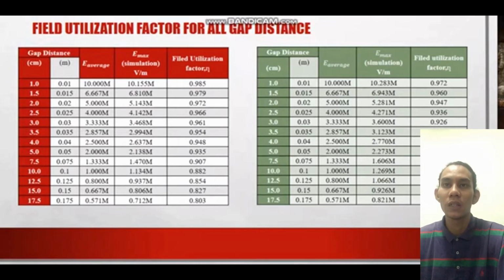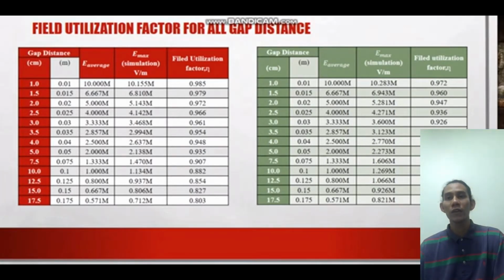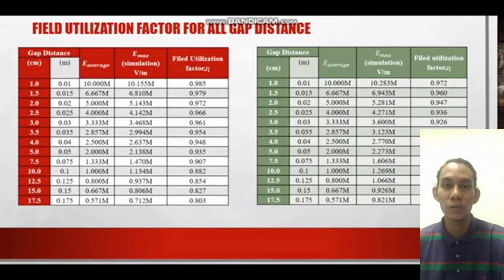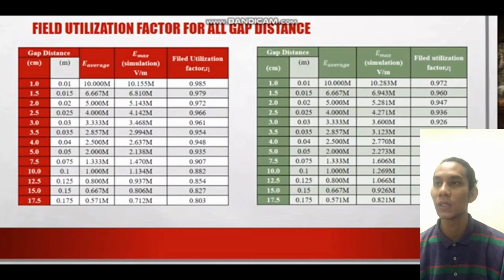I will present about the field utilization factor for all gap distances. From the left, it shows the gap distance from 1.0 cm to 17.5 cm. It also shows E average, E max simulation, and field utilization. E average, E max simulation, and field utilization decrease with the gap distance. The higher the gap distance, the lower the voltage it gets, and also the field utilization.